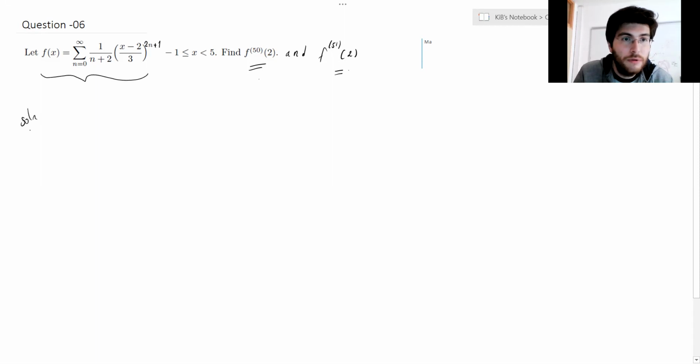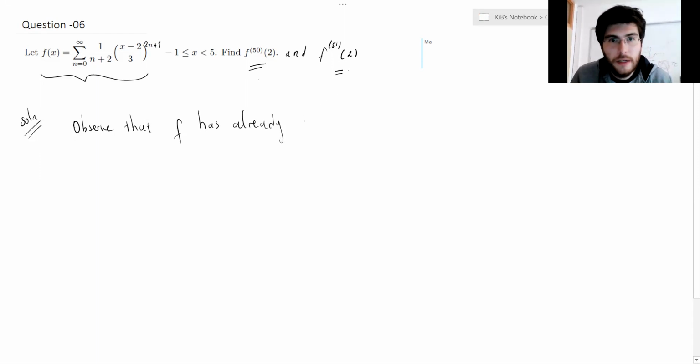So the most important observation: observe that f already has a convergent power series representation, with this radius of convergence, convergent in this interval, open interval from -1.5 to 5.5.